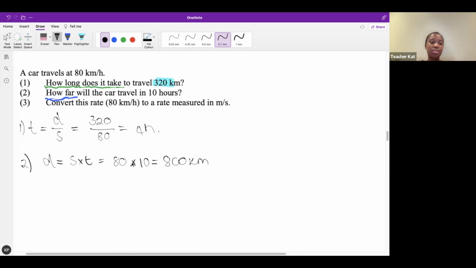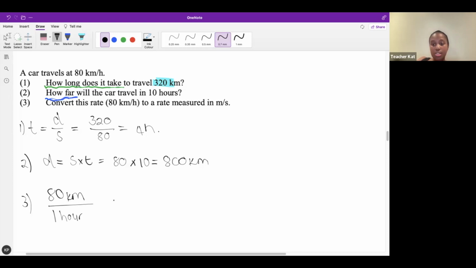Okay. The last one says convert this rate. The rate that we have currently, 80 kilometers an hour, we want to convert to meters per second. So I have 80 kilometers per 1 hour.